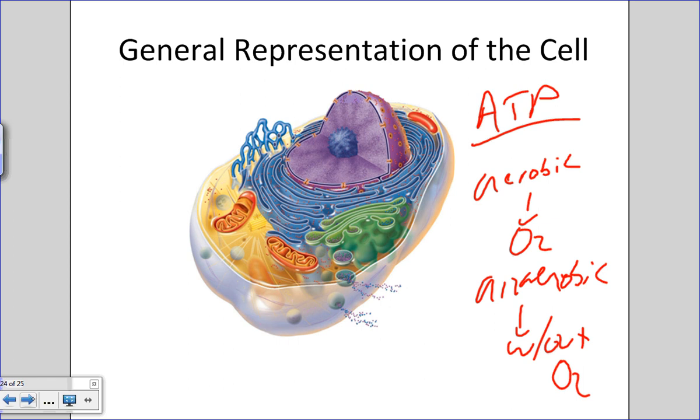Remember before when I was talking about proteins in Chapter 2, the average protein is about 25,000 to 50,000 amino acids in composition. That's a lot of molecules. Proteins are big, bulky molecules.